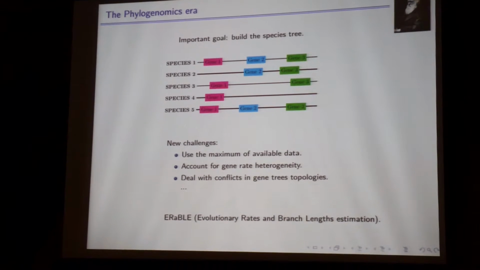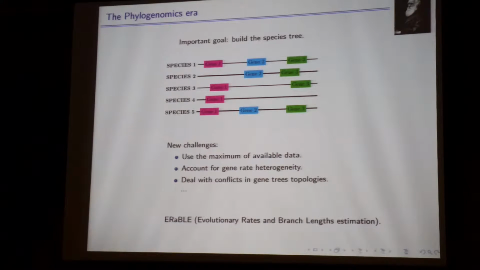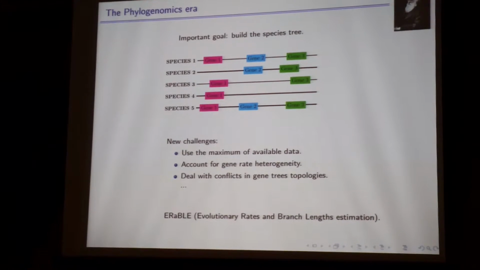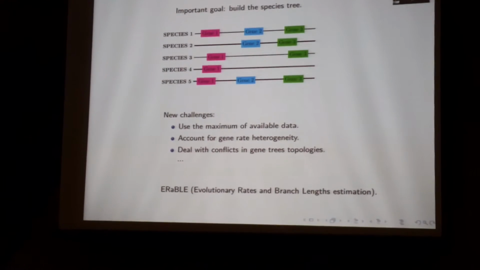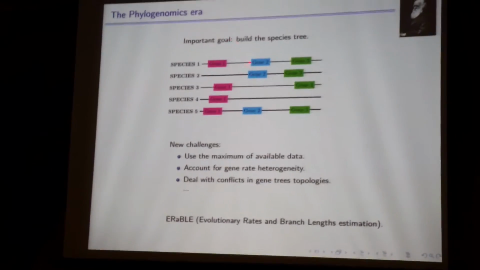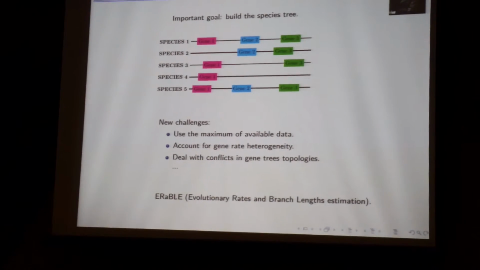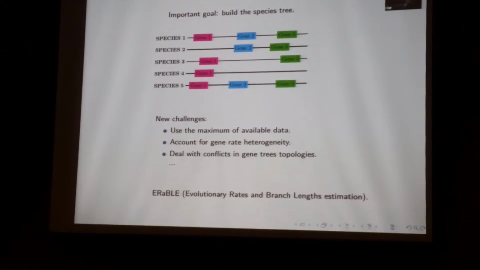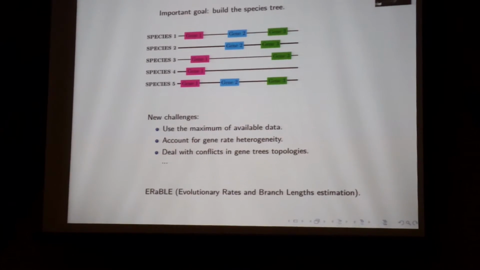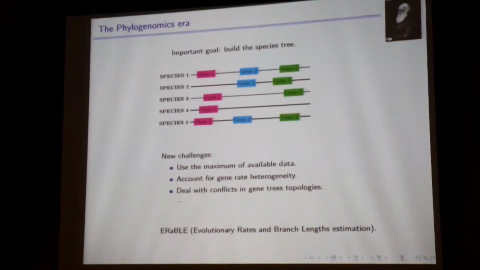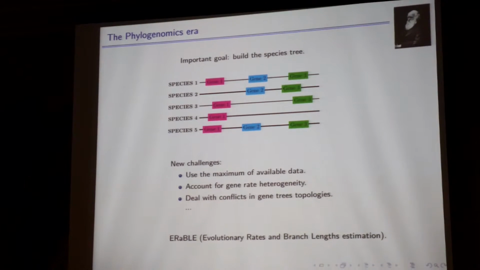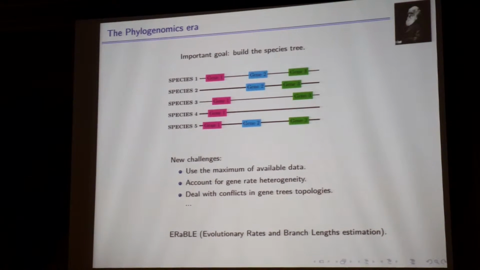As you know, we are in the phylogenomic era, and one of the important goals is to build the species tree using the maximum of available data. And we have to face some challenges. For example, in this plot, we can see that the genes are not present for all the species, and we know that every gene has its own history, and we have to account, for example, for gene rate heterogeneity.